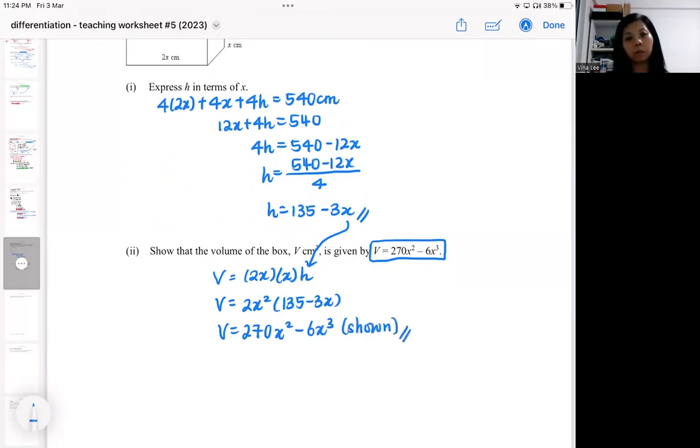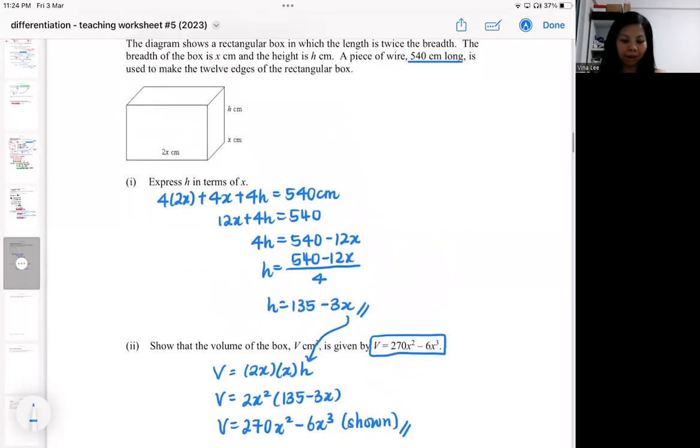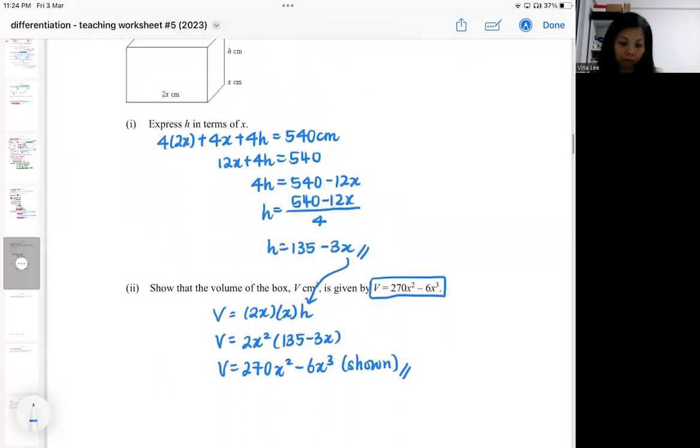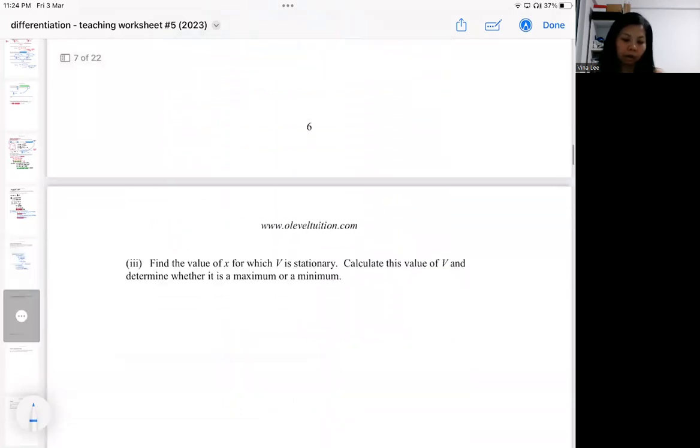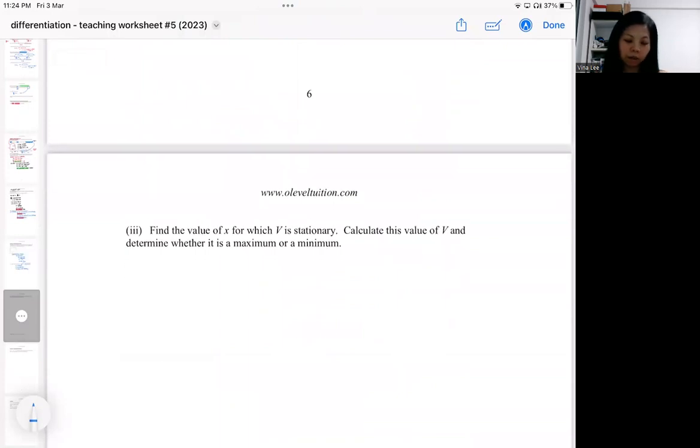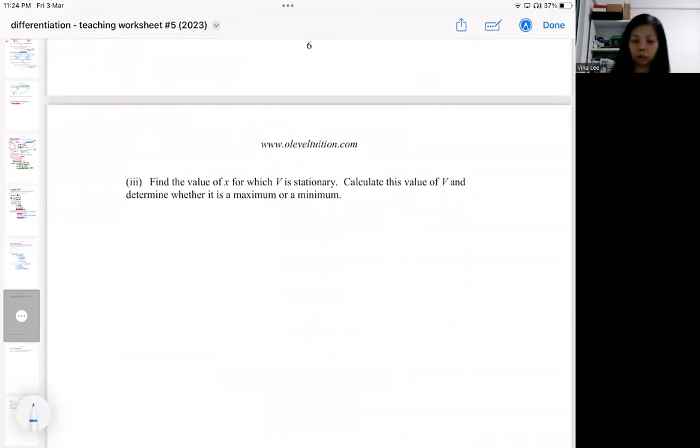If you can show the volume of the box, that means your part 1 has been correct already, so you are secured for part 1 and part 2. Subsequently, you already have a volume in terms of one variable. The next question says, find the value of X for which V is stationary.